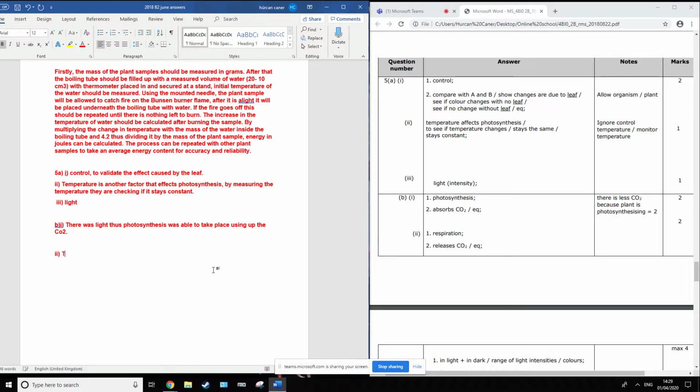So the leaf wasn't able to photosynthesize without light, but was respiring and releasing CO2, increasing its concentration.